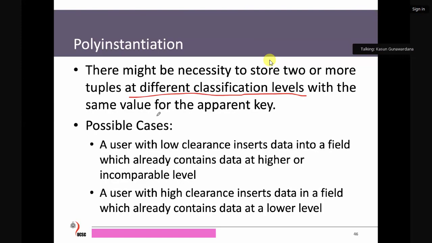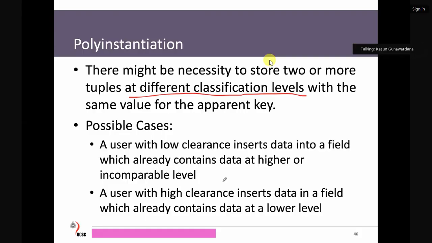So why do we want to keep multiple rows with the same apparent key? There are two possible cases. First, a user with low clearance inserts data into a field which already contains data at a higher or incomparable level.